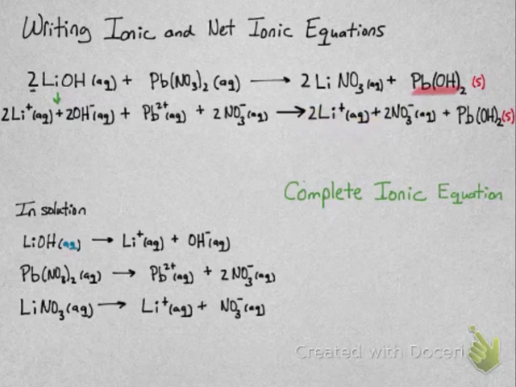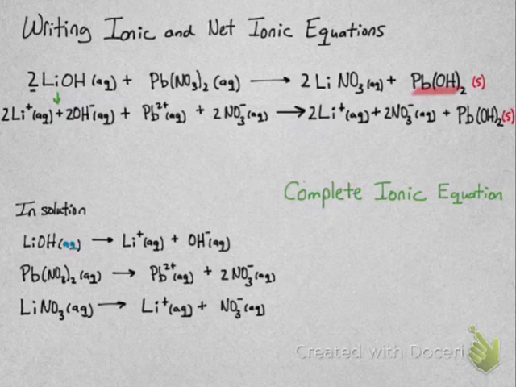You'll also notice that there are some common ions on both sides of this equation. For instance, the 2 lithium plus ions appear on both the reactant and product side, and so essentially nothing's happened with lithium. And the same can be said for the nitrate.